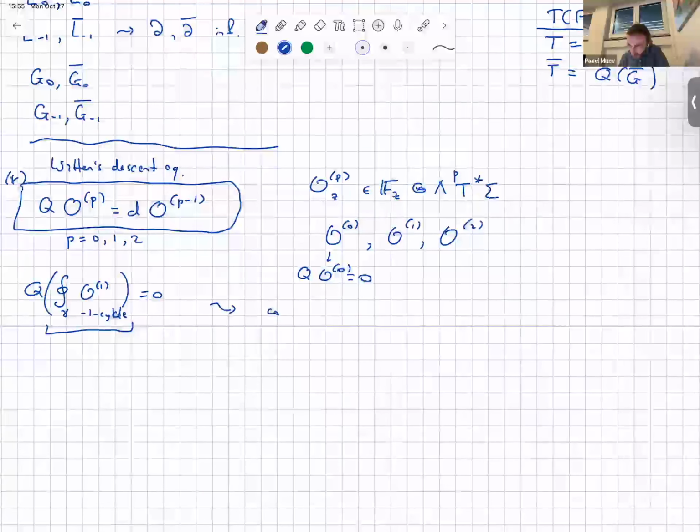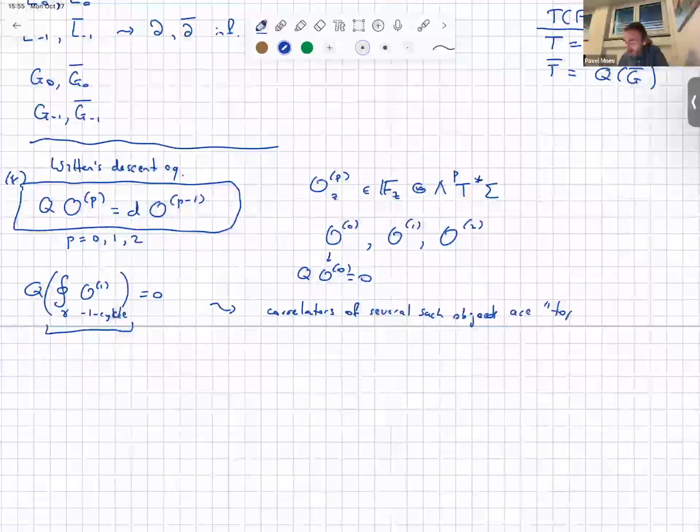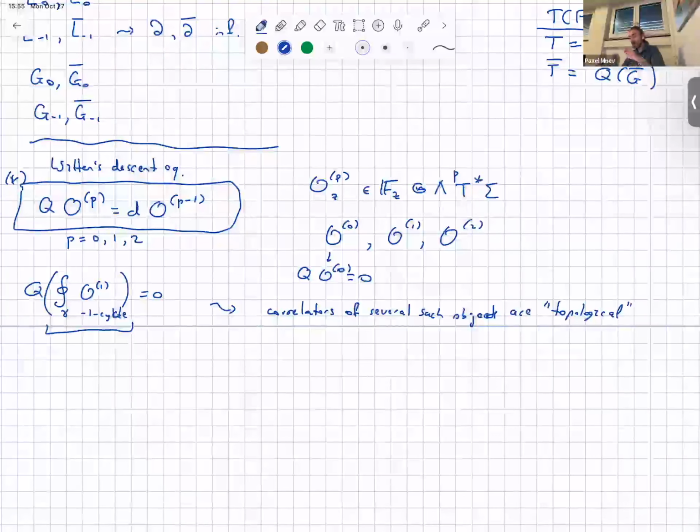So correlators of several such objects, so integrals of OP over a P cycle, are topological correlators.